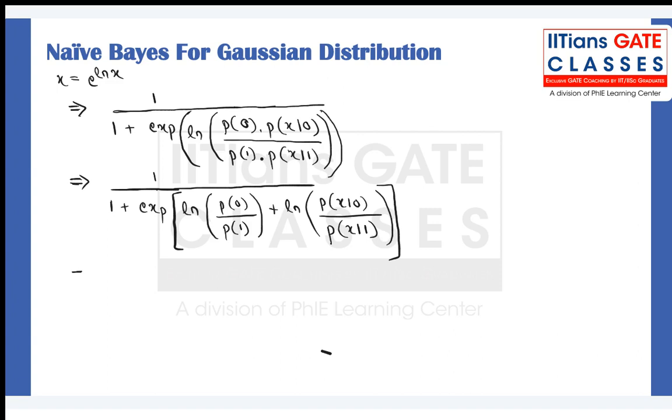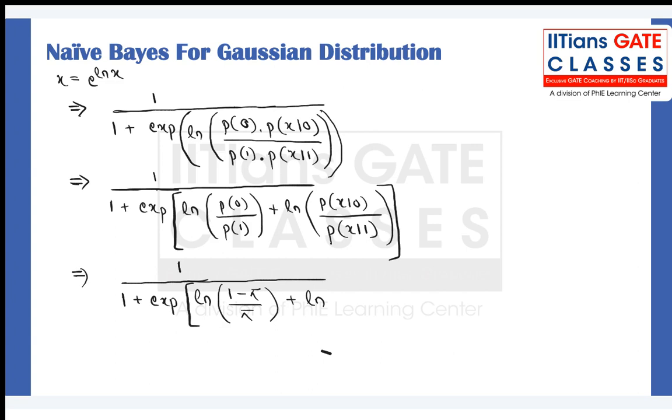So I can write this as 1 by 1 plus exponent of ln of t of 0. I can substitute the value from the Bernoulli, 1 minus pi by pi, plus ln. Now, since we know that naive Bayes has conditional independence, which means given a class C, the probability of x given that class is nothing but the product of the individual probabilities.